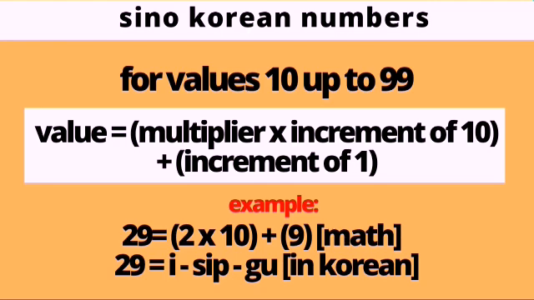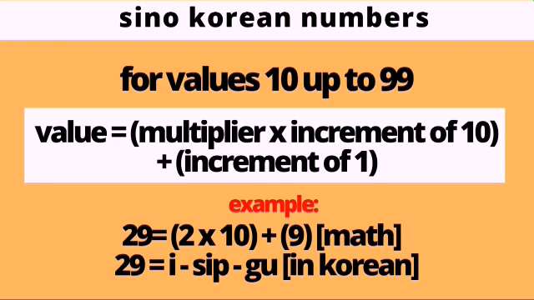Why is it E ship? The Korean translation of 2 in Sino-Korean numbers is E. And the Korean translation of number 10 or increment of 10 in Sino-Korean is ship. So when we say E ship, it's the same as saying 2 sets of 10. And then the second part is very simple.